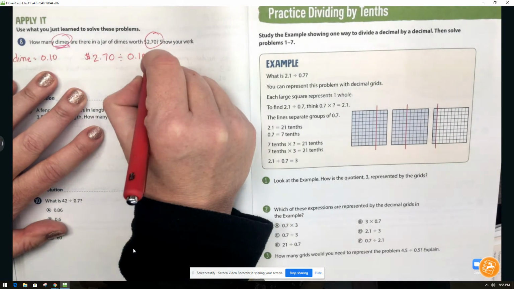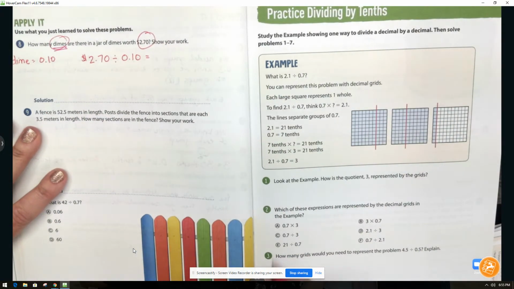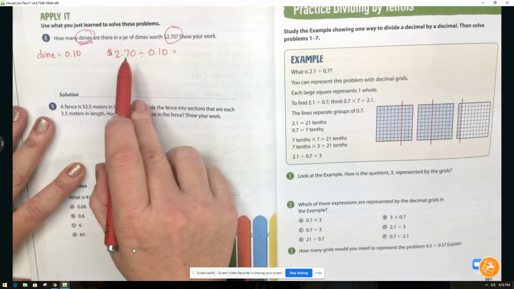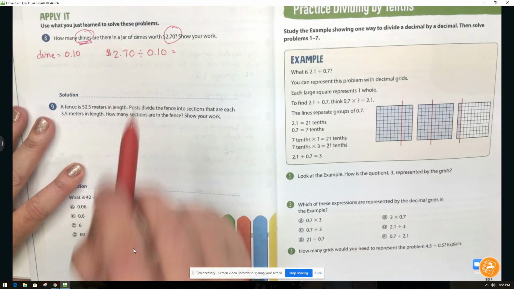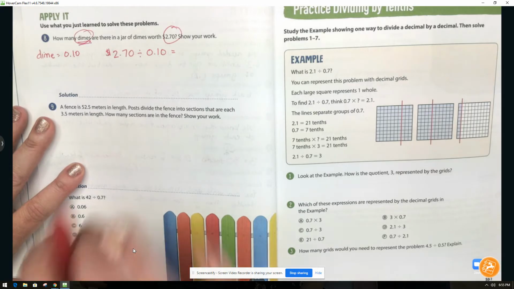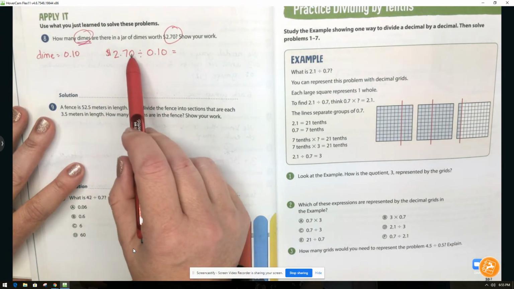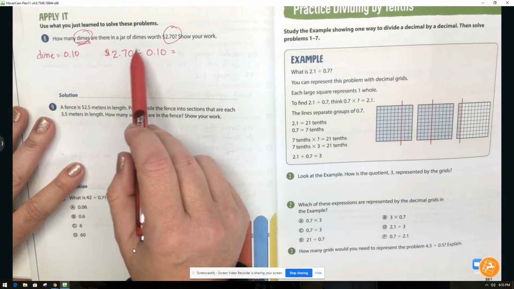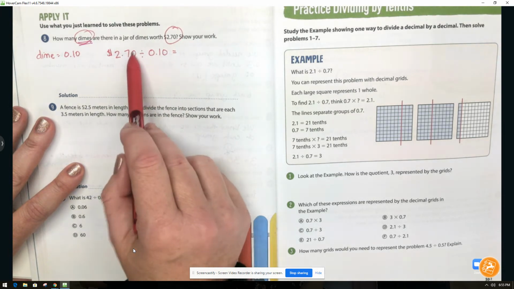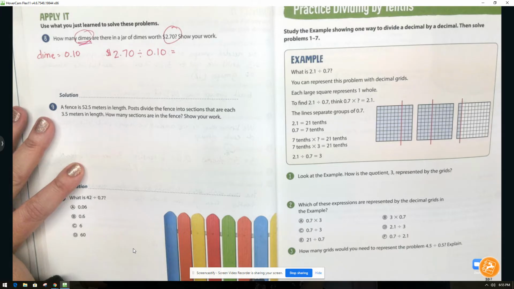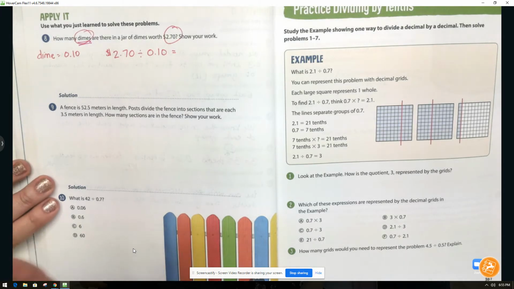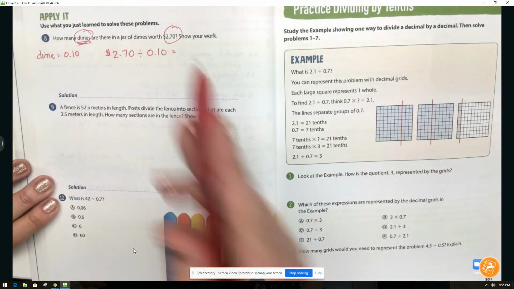What is our value? So the first thing we're going to do is change both of these. In this case, I'm going to leave it as hundredths, because we're talking about money. Even though these zeros are just placeholders, I'm going to leave them there because we're talking about money.